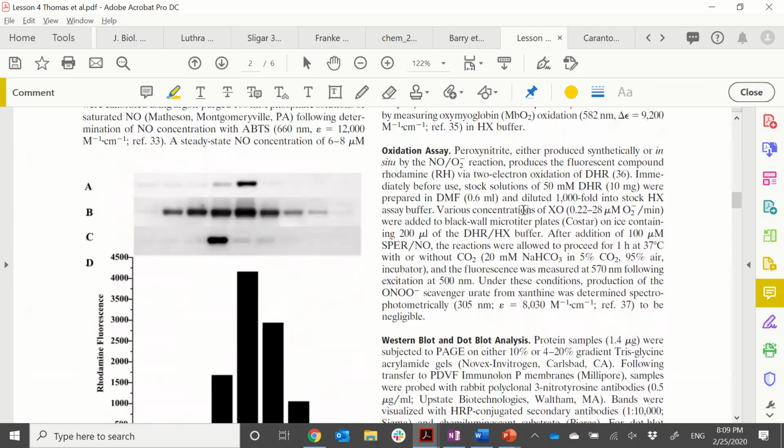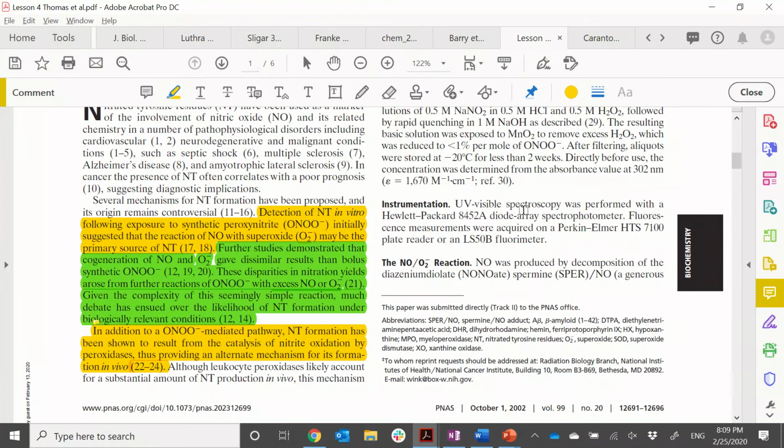Okay, so remember, part of the point of discussing this in the introduction, as we discussed in a previous video, is that they're making the case in the introduction that there are alternative pathways towards nitrating tyrosines. So in this case, that's what they say exactly in the sentence, that there is evidence for an alternative mechanism through peroxidases.